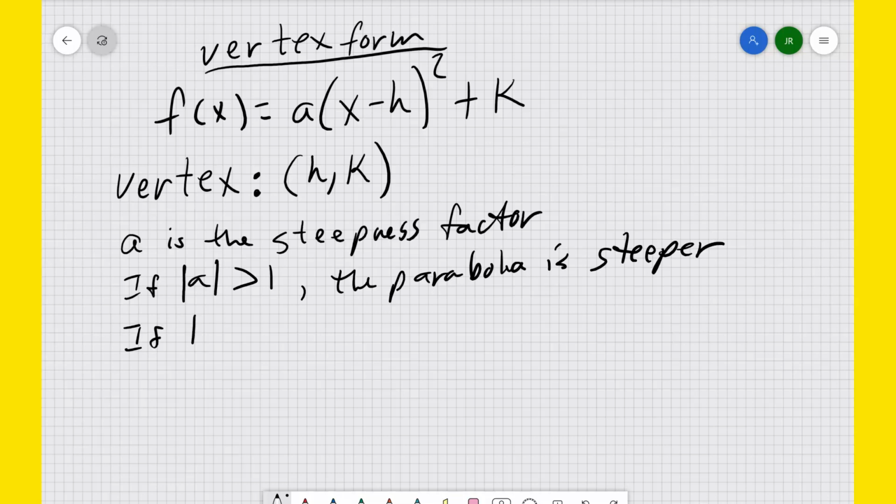If the absolute value of a is less than 1, the parabola is flatter.